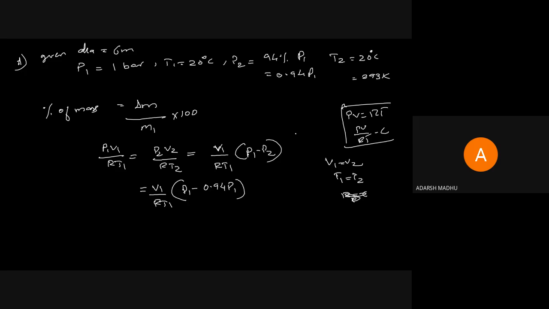P2 is 0.94 P1. P1 is constant, so I am taking P1 commonly outside and writing P1 V1 by RT1 into 1 minus 0.94. Is that clear?